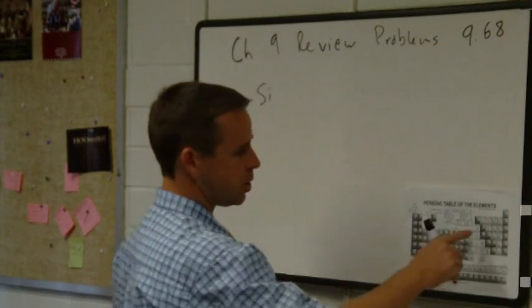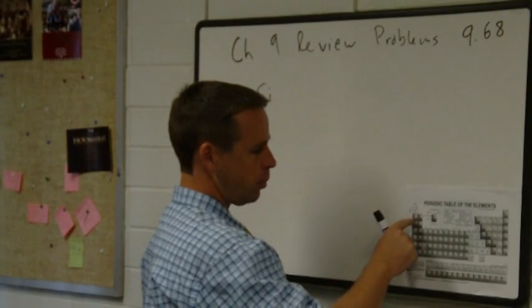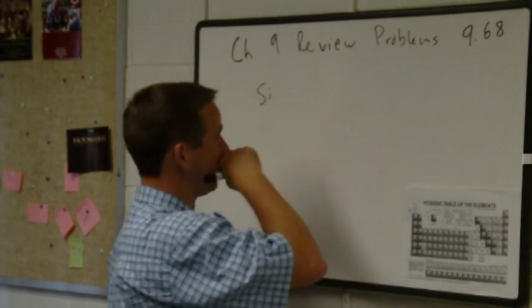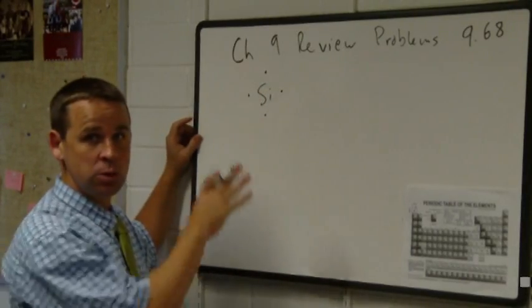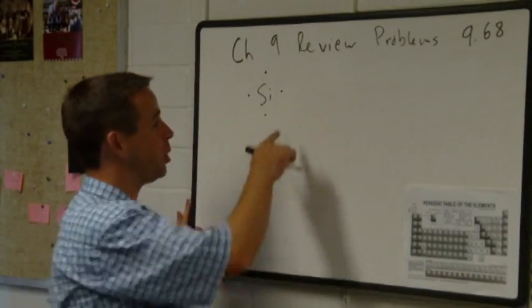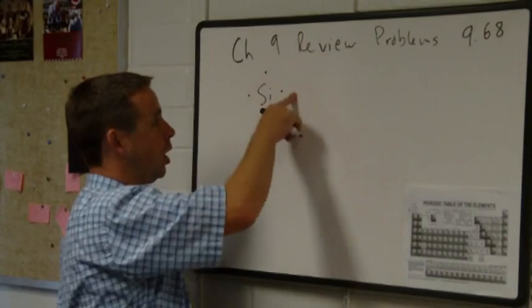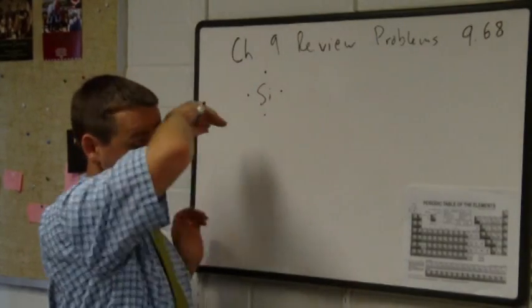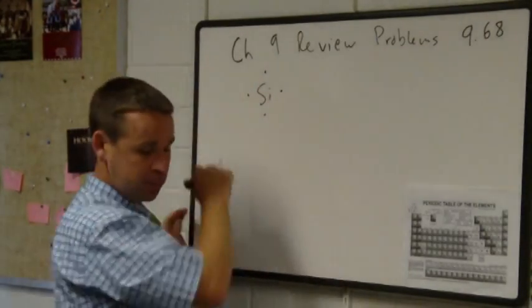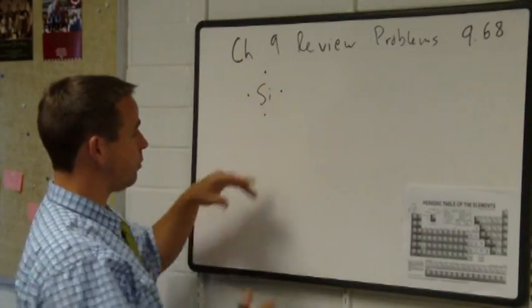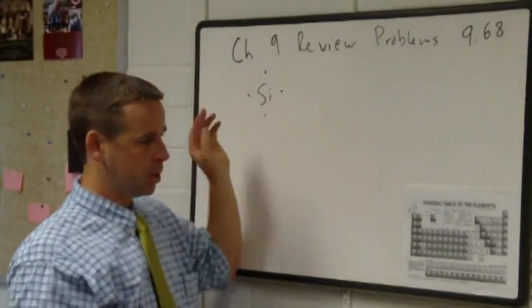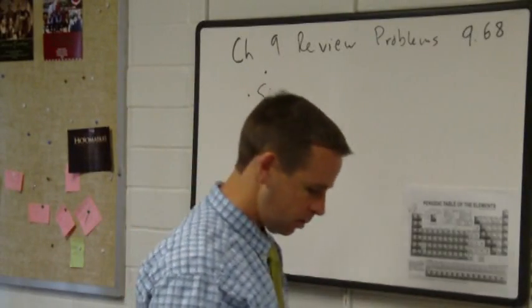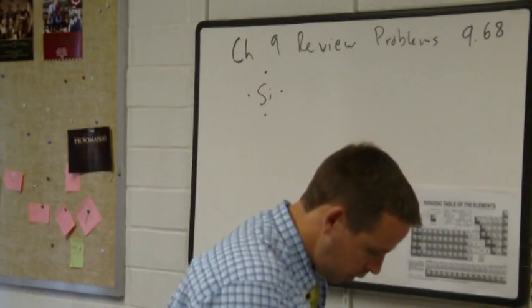Counting from left to right, here's silicon right here, 1, 2, 3, 4. So silicon has 4. And that's how we draw the Lewis structure, right? We put an electron on, we spread the electrons out as much as possible. If there's more than 4, then we start pairing them up. But we don't put 2 on one side until all 4 sides have an electron.